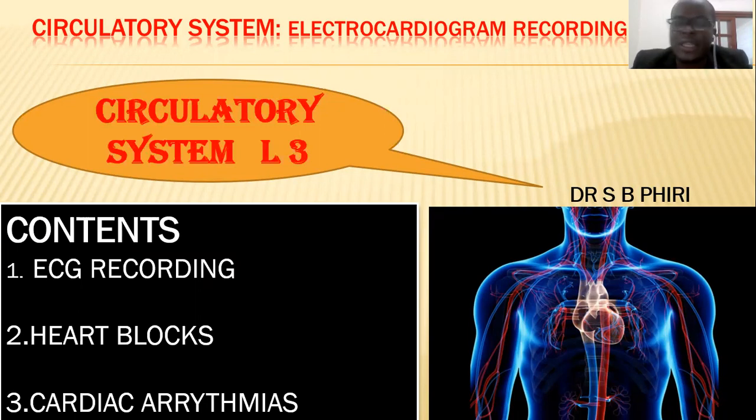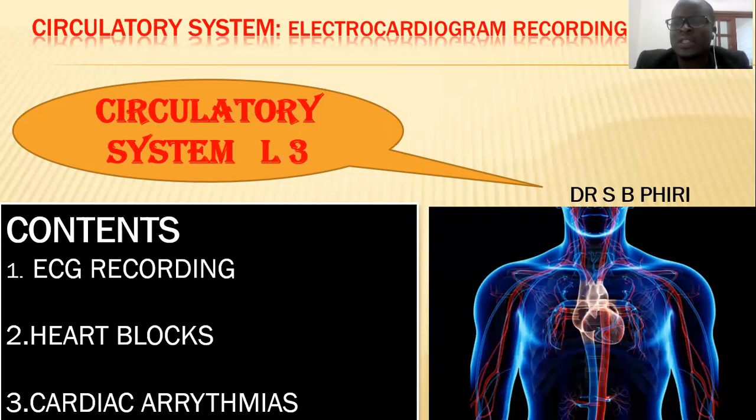Part A, where we'll discuss ECG recording, and part B, where we'll discuss heart blocks and cardiac arrhythmias. But you need to remember that in the previous lecture, we looked at the normal ECG and how those waves and also segments come about. So I hope you remember the basics, or the principles, of the ECG.